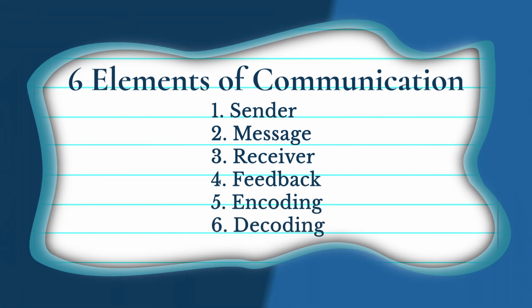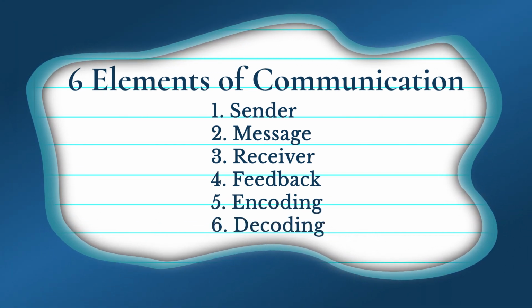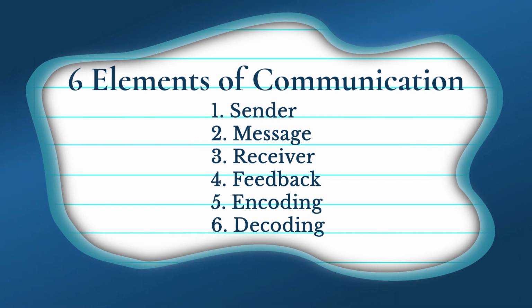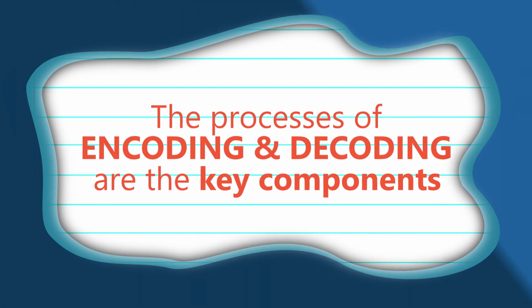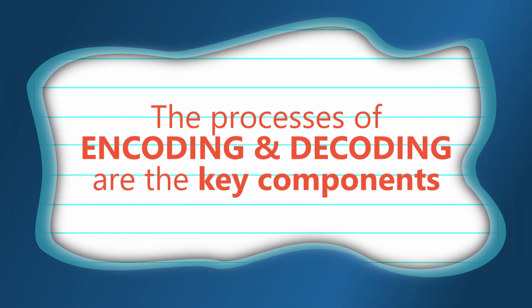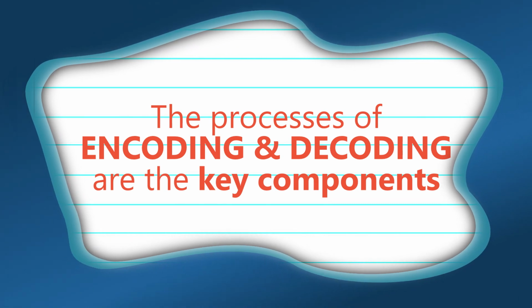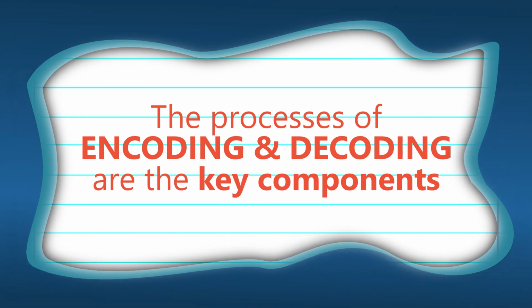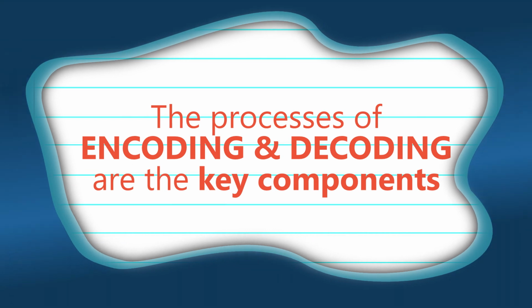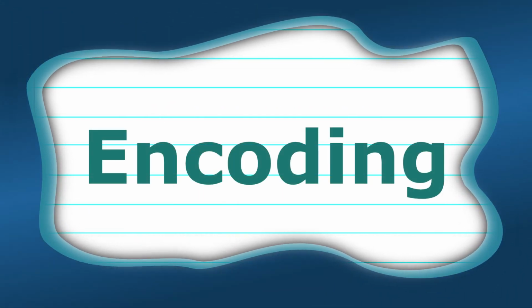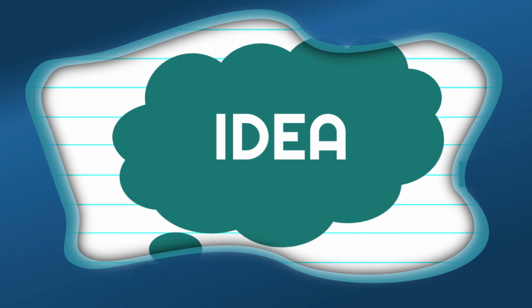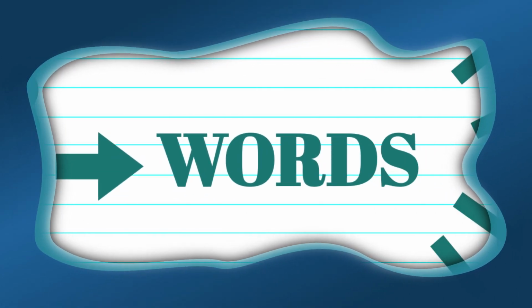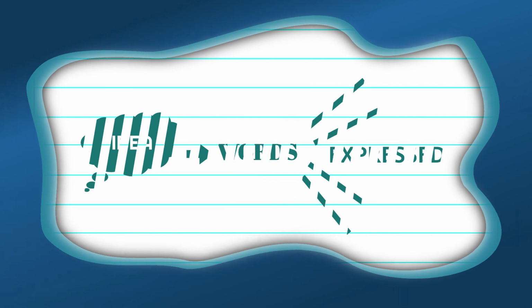Remember, information may become useless if it is not conveyed properly to others. Thus, the processes of encoding and decoding are the key components of this model, including feedback. When we say encoding, class, it is when an idea or information is translated into words and expressed to others.